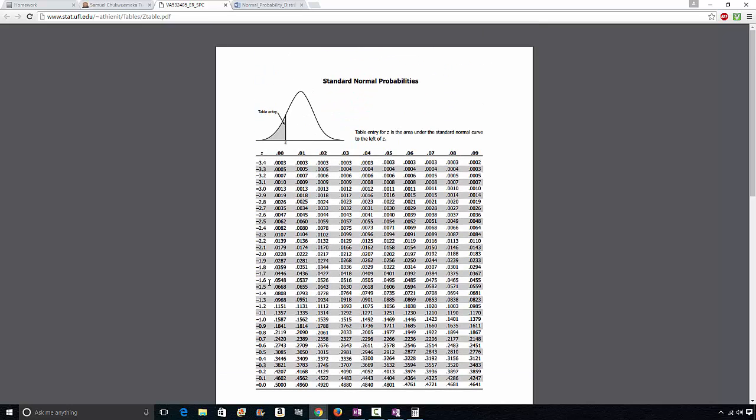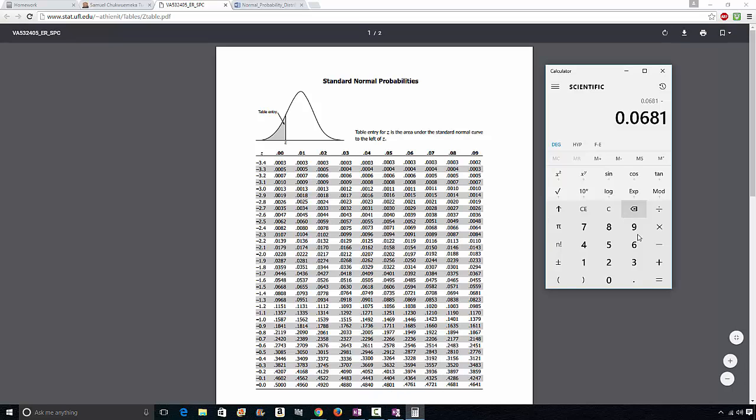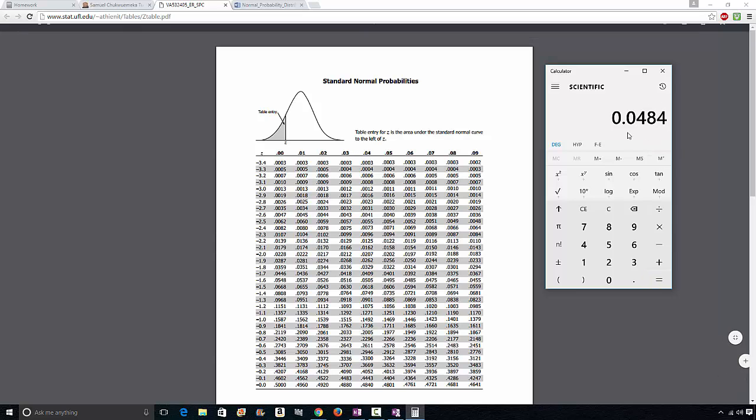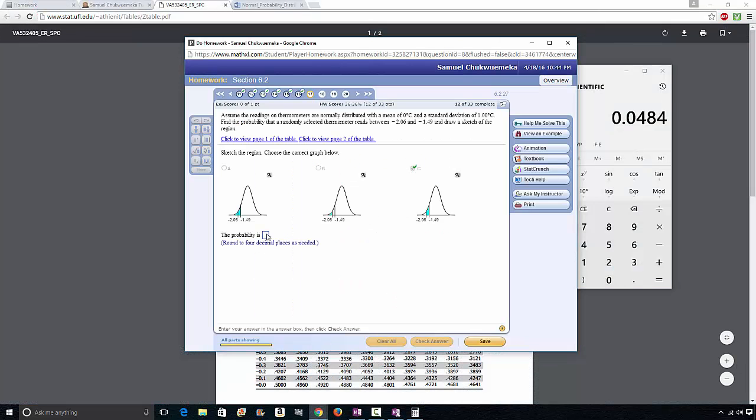Negative 2.0 under 0.06: 0, 1, 2, 3, 4, 5, 6. So that is 0.0197. 0.0681 minus 0.0197, okay, and that gives us 0.0484. So we have 0.0484.